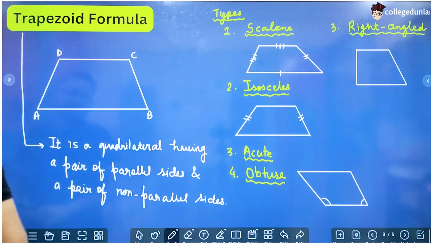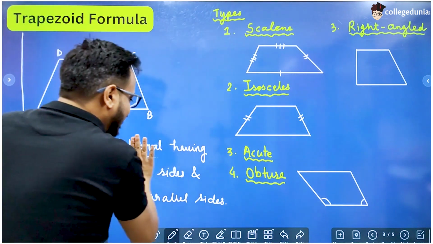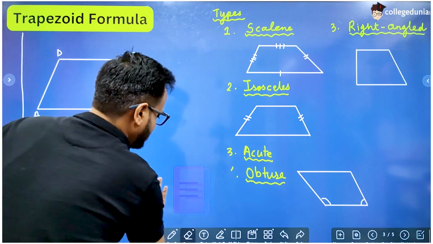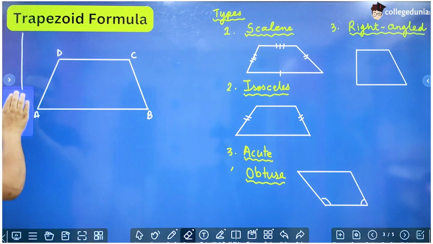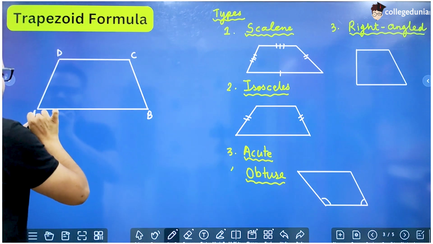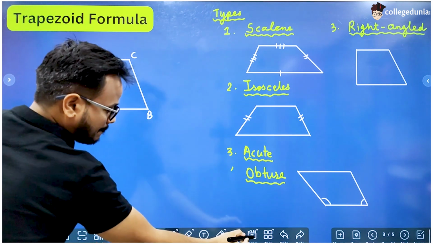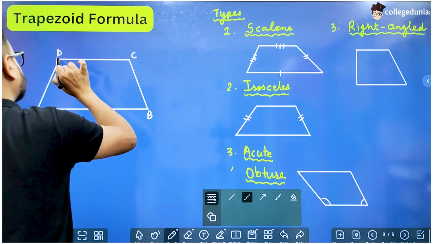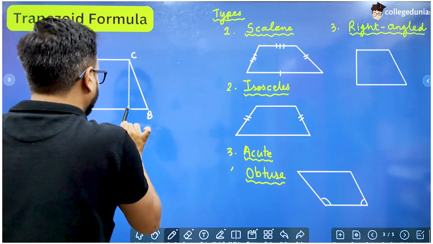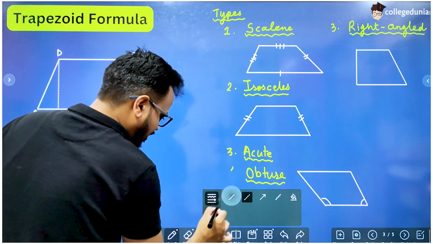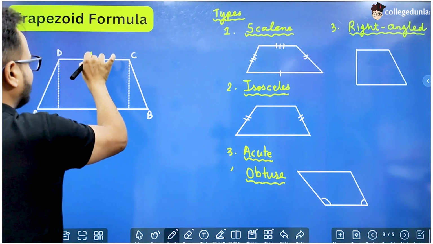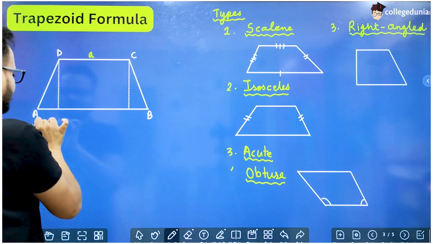So we will now derive the formula for the area of the trapezium or trapezoid. Let me do some construction first. We will draw perpendiculars from C and D on AB. Now let us say the length of this smaller parallel side is a, that is the length of CD is a, and the length of AB is b.